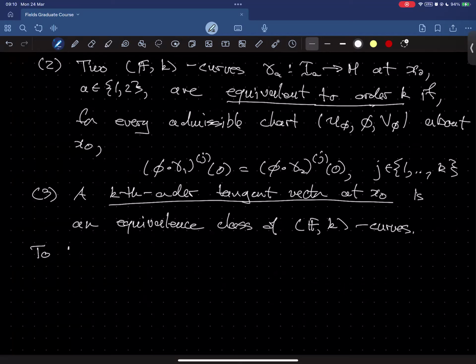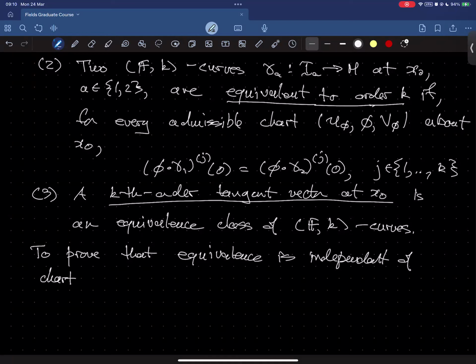To prove that equivalence is independent of chart, what do you have to do?